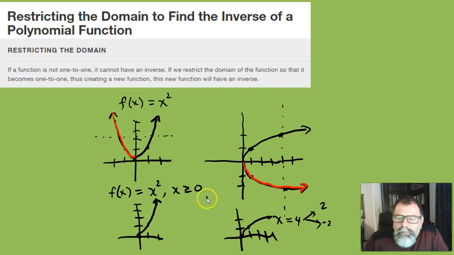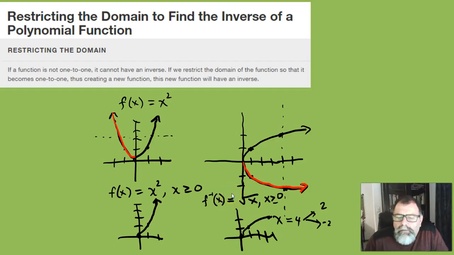So the inverse function, f inverse of x, is going to be equal to the square root of x, provided x is greater than or equal to 0. All right? And then if I wanted the red one, I would change the domain to be x less than or equal to 0.